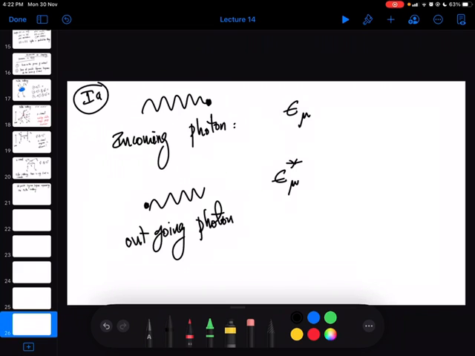Did I miss something? Any other Feynman rules? Okay, this will be fine.